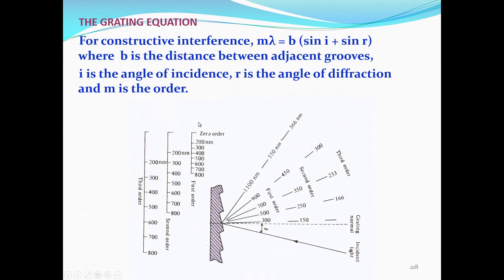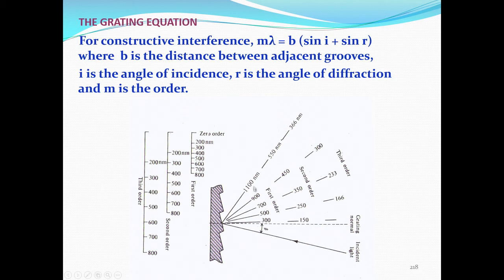Very simple arrangement. So the grating equation, basically, is m lambda is equal to 2d sin theta, or b into (sin i plus sin r), where b is the distance between the adjacent grooves and i is the angle. I have already shown you a similar figure, but what is important in this figure is that here you will see the radiation wavelengths 300, 500, 700, 900.